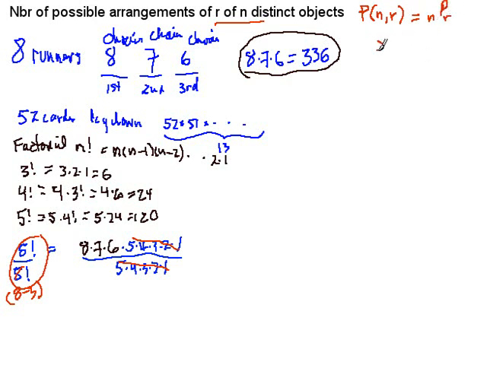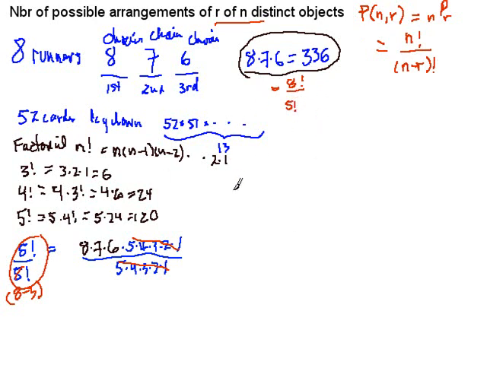And how did we see that could be calculated? Well, the numerator is going to be n factorial, and the denominator is going to be n minus r factorial. So you see, if I apply that to this case here, the numerator was going to be 8 factorial, and the denominator would be 8 minus 3, or 5 factorial.